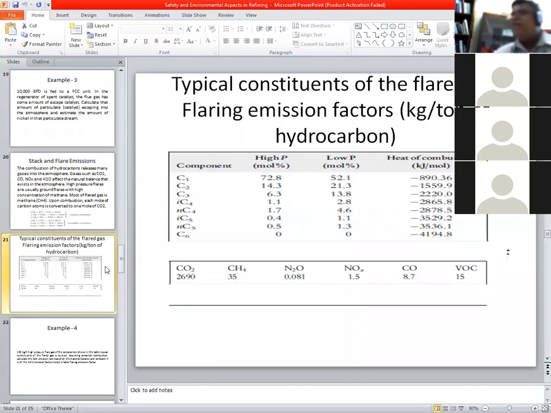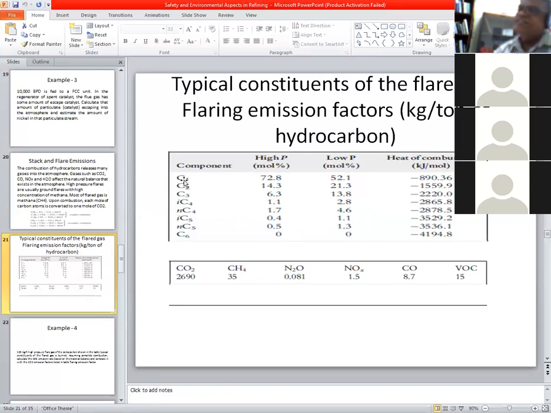And another table here, typical constituents of the flare gas. So here, see here, two sets of values are given. One is for high pressure, HP, where P stands for pressure, with mole percentage given, and low pressure, where the mole percentage is also given.